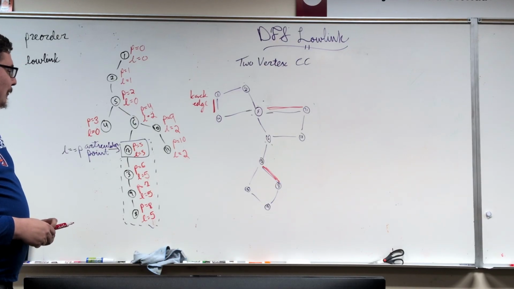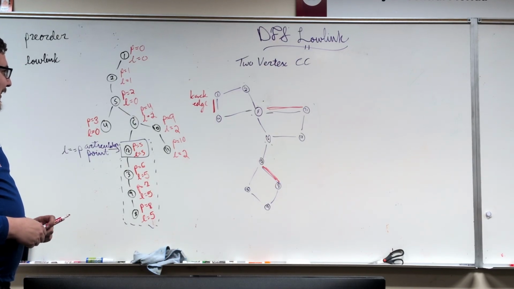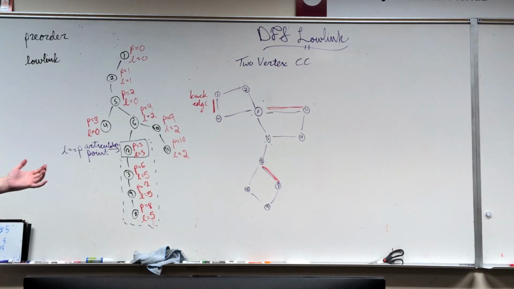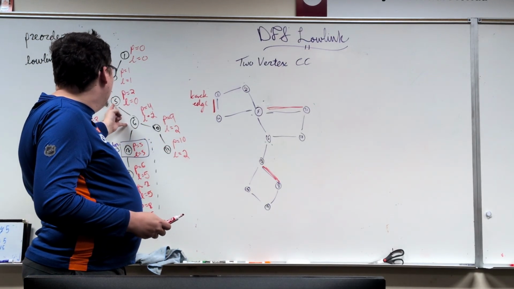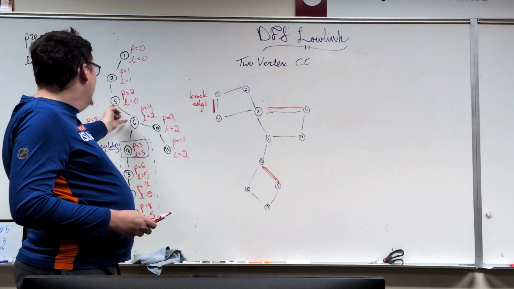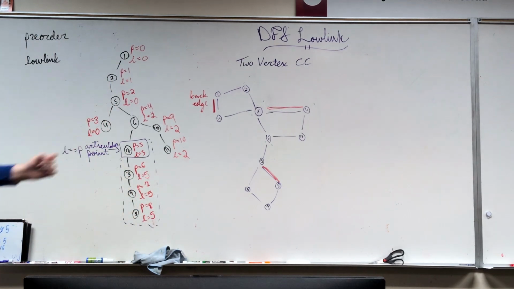I think I've been describing the wrong version. What we're finding here is that 5 and 6 allow us to escape further. What's being described here actually describes a different type of connected component. So quick detour.